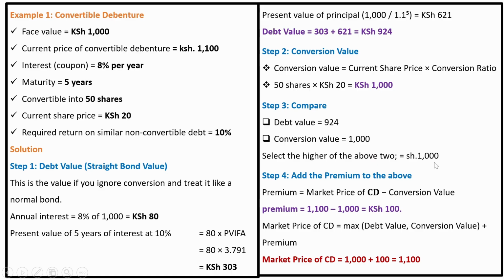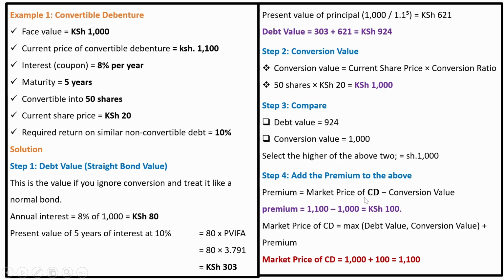So recall the formula for calculating the premium. Premium is given by market price of convertible debenture minus conversion value. So we already have the conversion value is 1000. We have calculated it in step 2. Now look for the market price of convertible debenture.